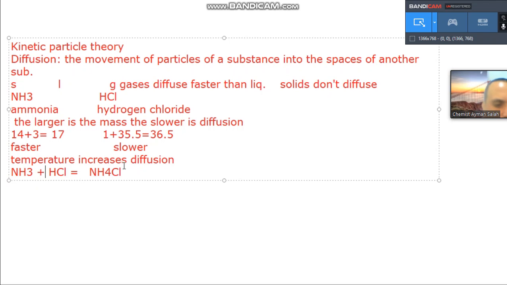Ammonium chloride will be formed by the reaction, but will it be nearer to HCl or nearer to NH3? Who can guess? Ammonium chloride has a white color. They are white fumes. So we will note the white fumes of ammonium chloride near the side of HCl or the side of NH3. Who can guess?